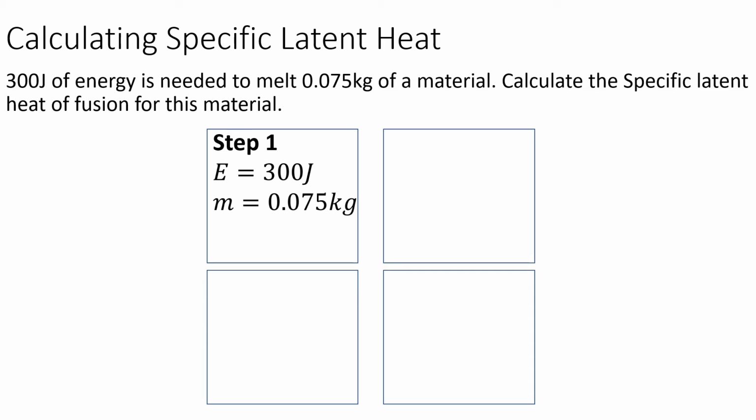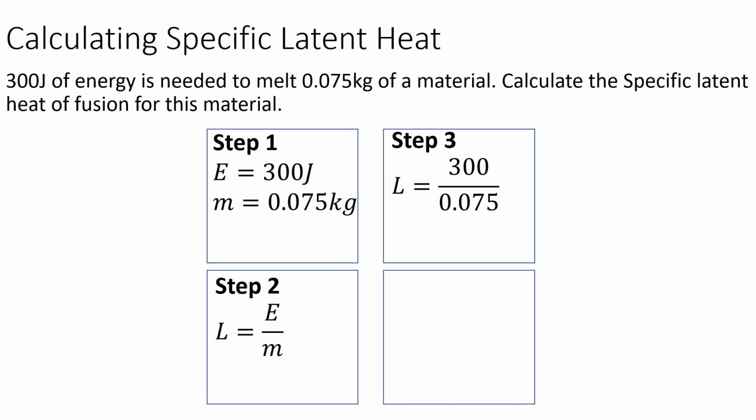Step 2 is to write down the equation we're going to use. Specific latent heat equals energy divided by mass. Step 3 is to plug in those numbers. And step 4 is to write the answer with correct units.